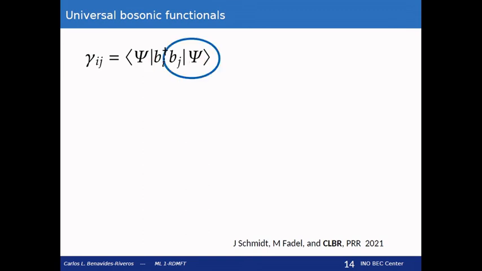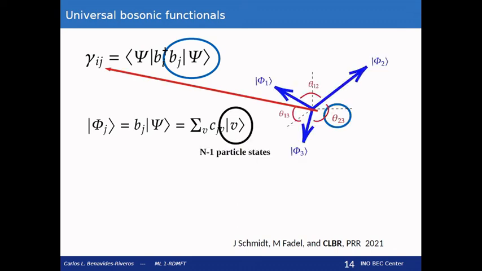And you can think that this is a wave function with N-1 particles, and then you can write this in the Hilbert space of N-1 particles. And then you can produce a set of wave functions with N-1 particles. And the angles of all these wave functions are related to the entries of the one body density matrix.